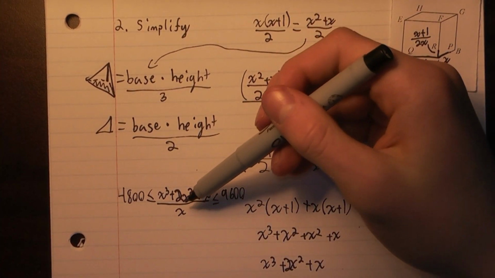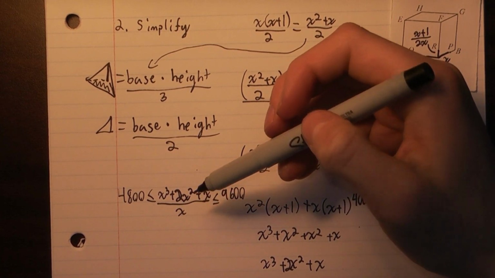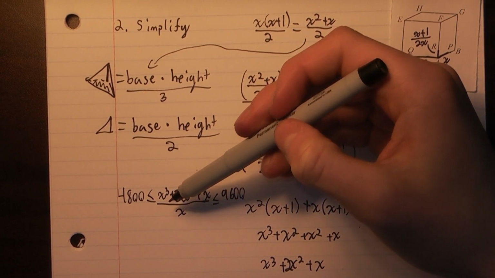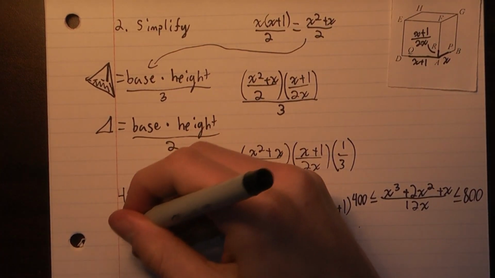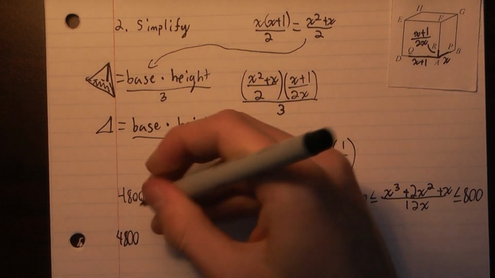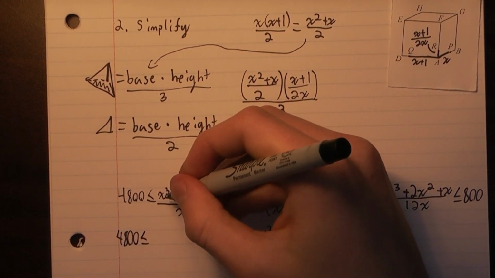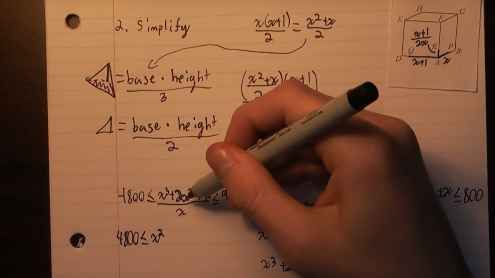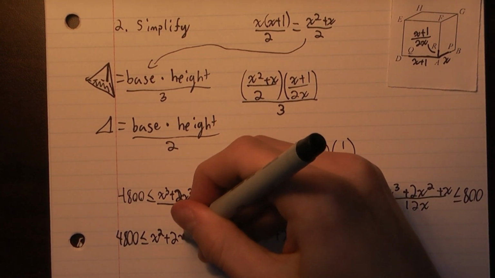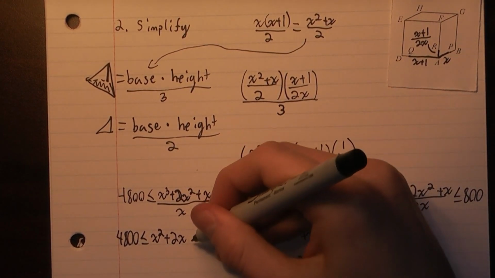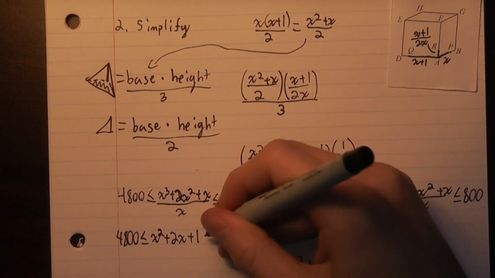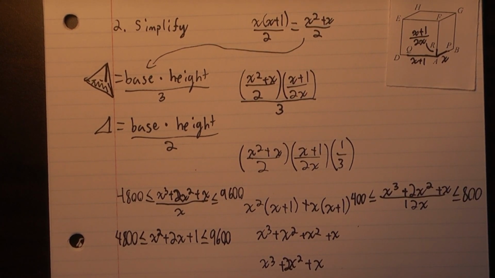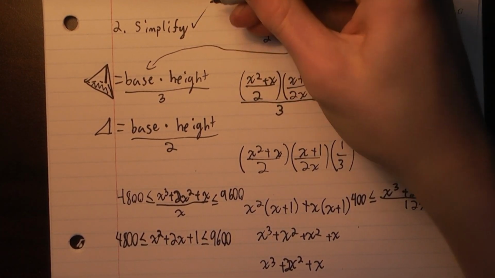And finally, for this middle term, we can easily divide it by x, because when x has an exponent and is divided by x, the exponent just goes down by 1. So, we'll still have 4,800 on this side, but x cubed divided by x becomes x squared. 2x squared divided by x becomes just 2x, and x divided by x is 1. So this is the simplest we can get the equation. So now our second step of simplifying is done.